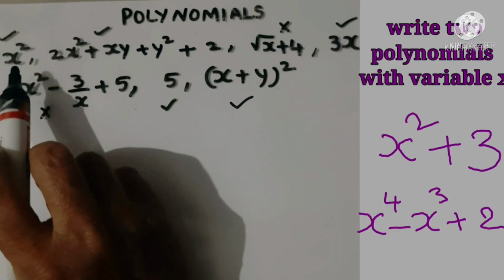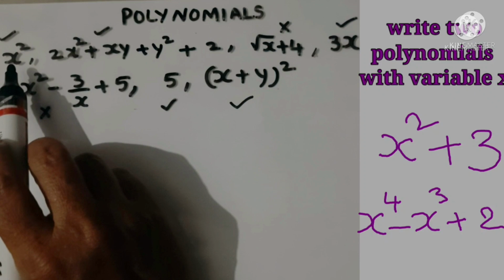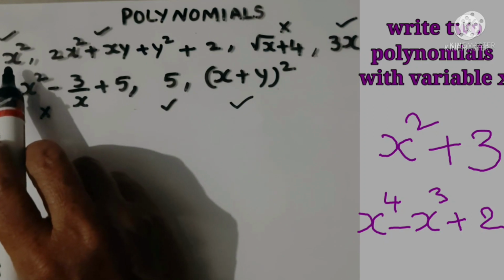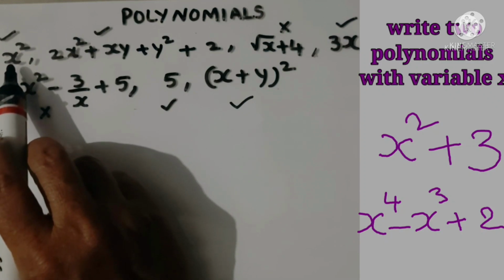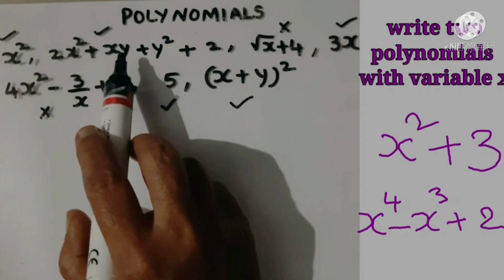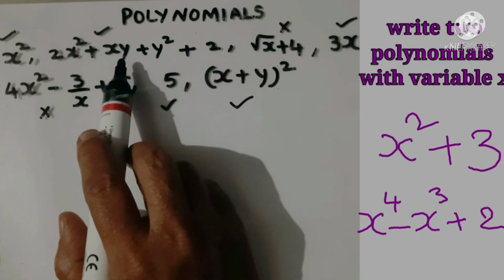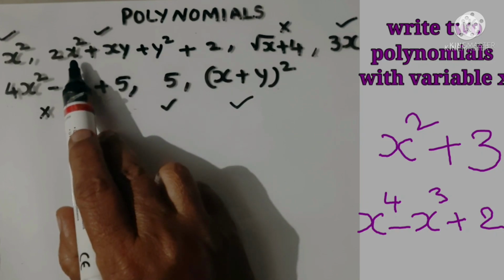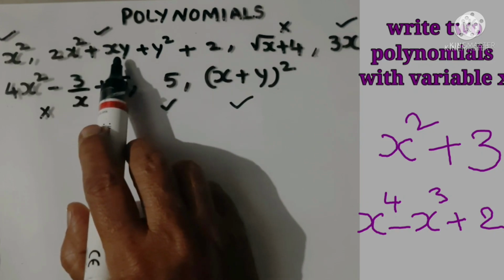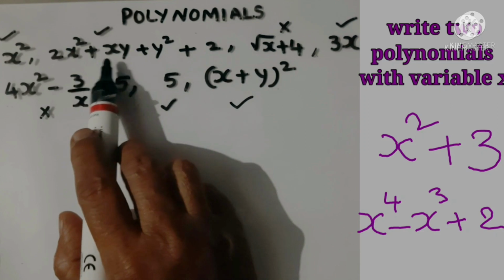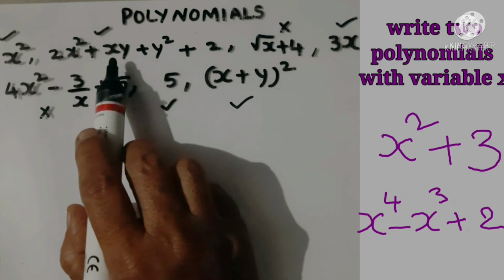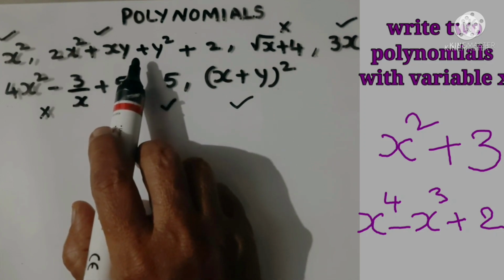here in this first algebraic expression or first polynomial, there is only one variable. X is the variable here. And if we move to the second polynomial, here we have two variables. See, here x is there and here x and y. So two variables are there, x and y.